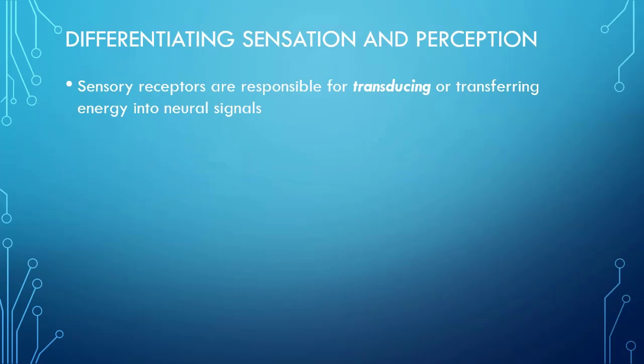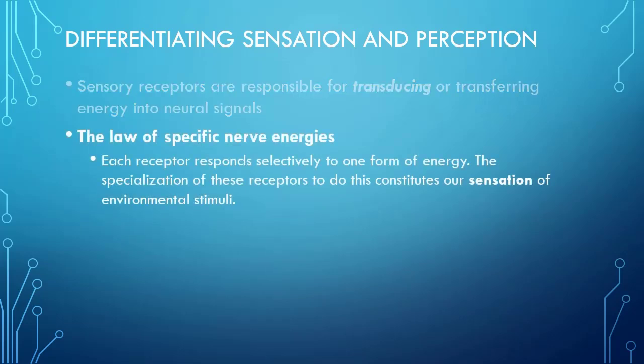And this brings us to the concept of what's happening. So we talked in the slide of what to know, I mentioned this word transduction. Transduction is the process of taking these signals from the environment, these energies, and turning them into a neural signal. That process is called transduction.